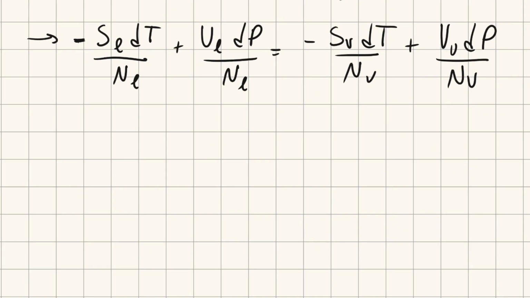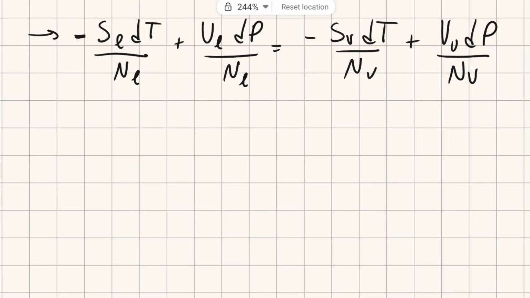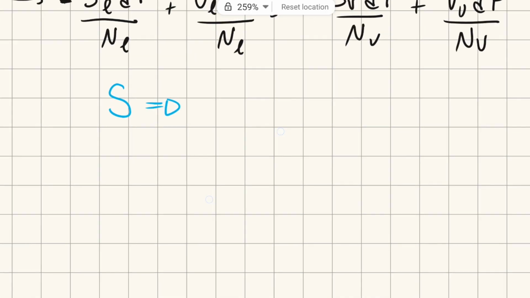You should know that in thermodynamics it's very useful to define the entropy per molecule, dividing by the number of molecules to get a little s entropy. This is just the entropy per molecule, or per particle.